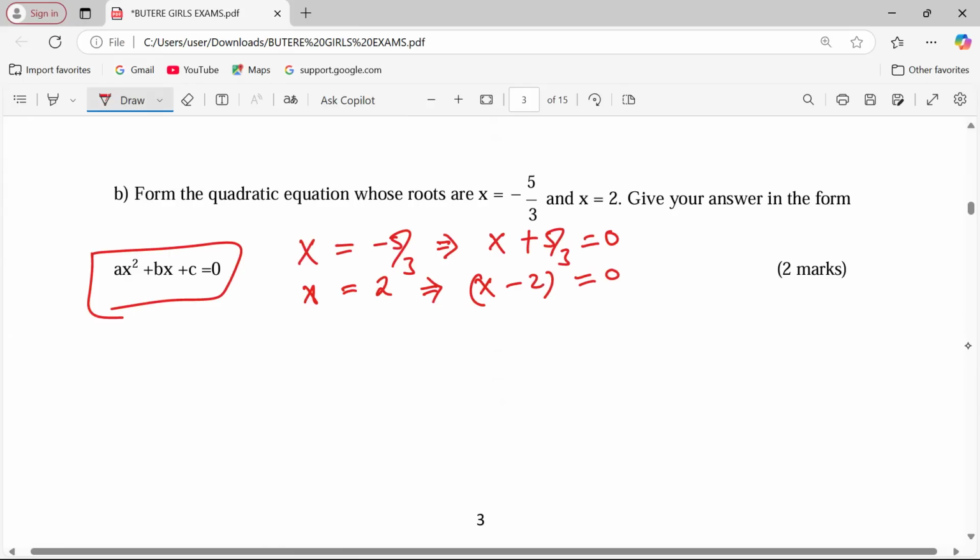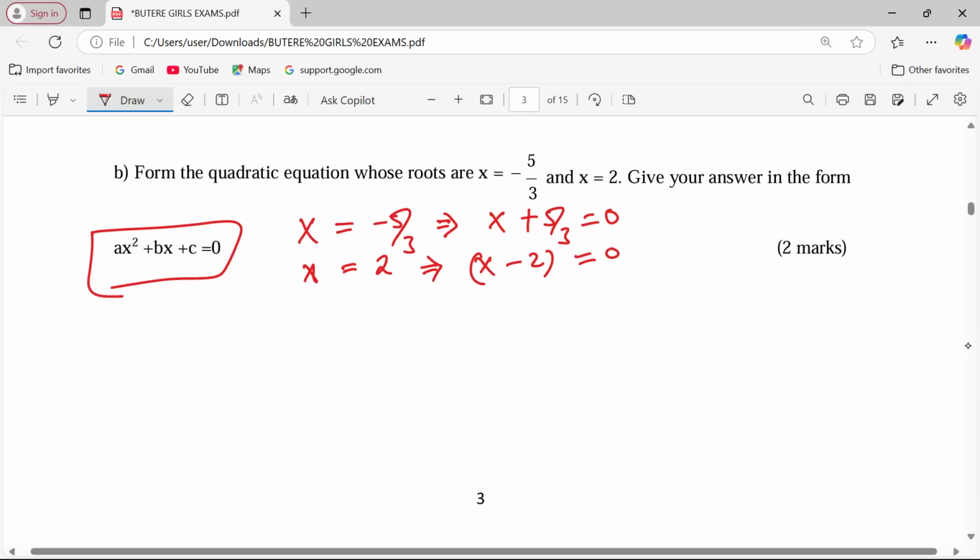Now, following the factorization method of solving quadratic equations, before coming up with these factors, they had been factorized. So we expand them to get the expression which was expanded on our left-hand side.